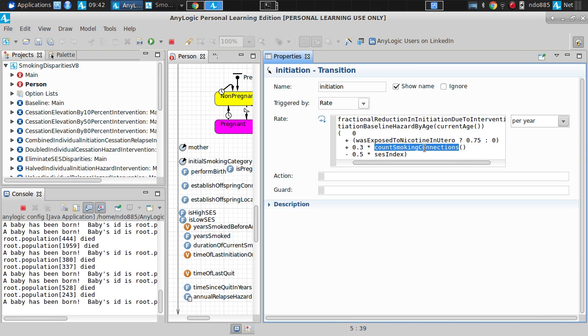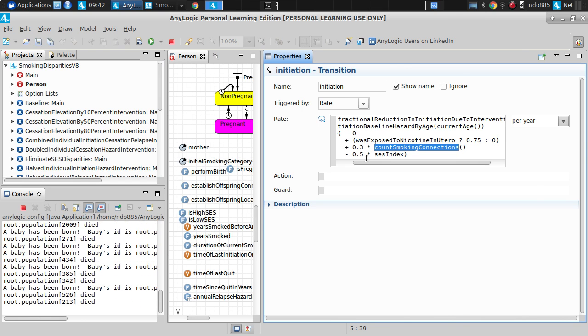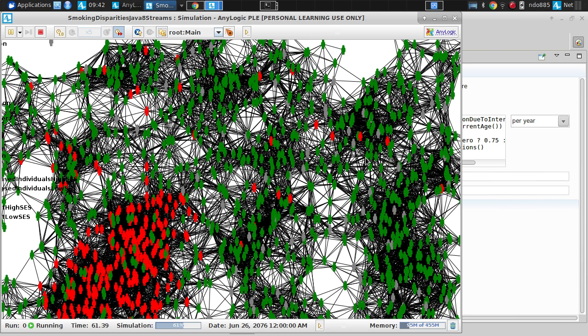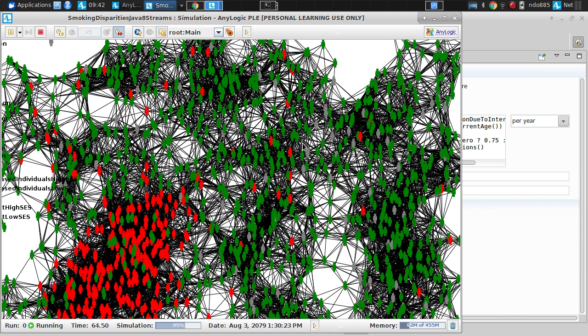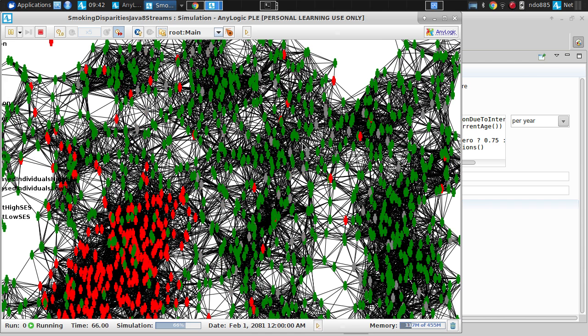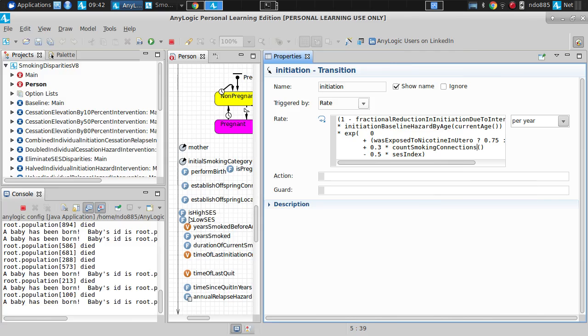But it also depends on the number of their smoking connections, their connections to others who are smokers. And so you'll see kind of dense clusters forming of smokers, and then there's whole other areas with few smokers, because there's some social component here being modeled to smoking.